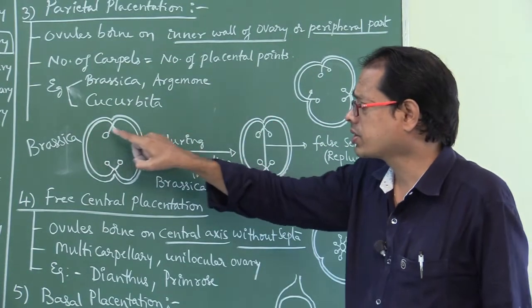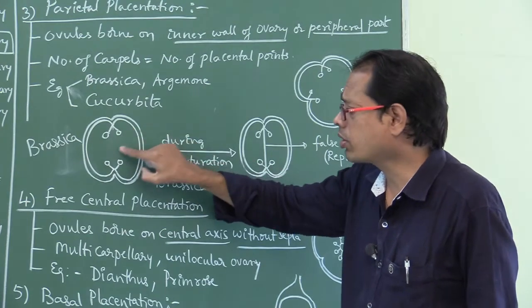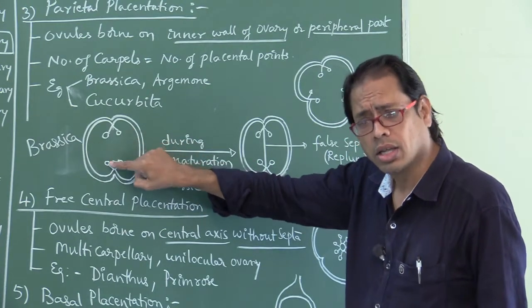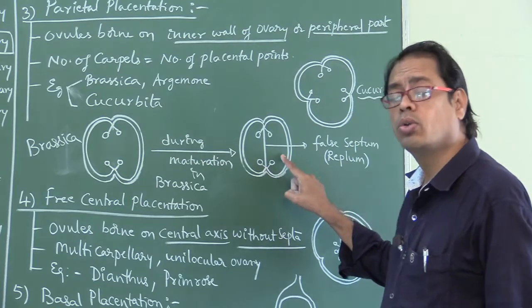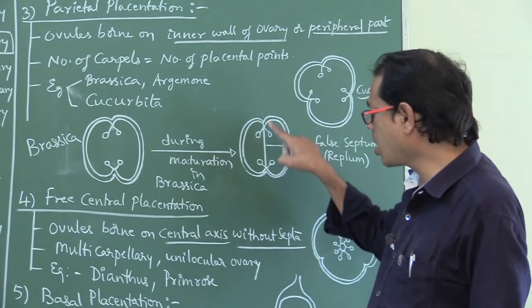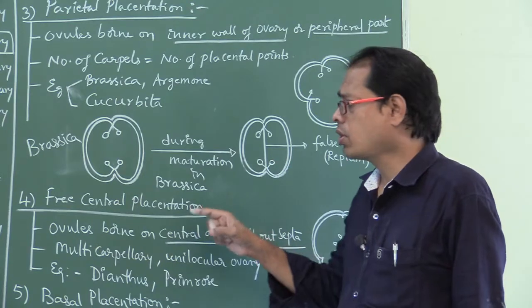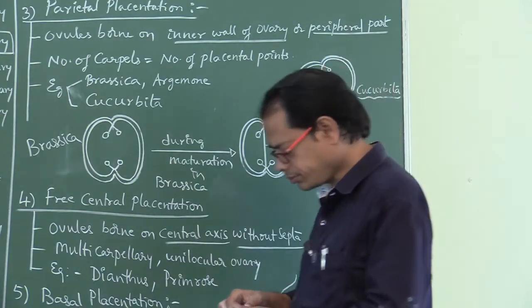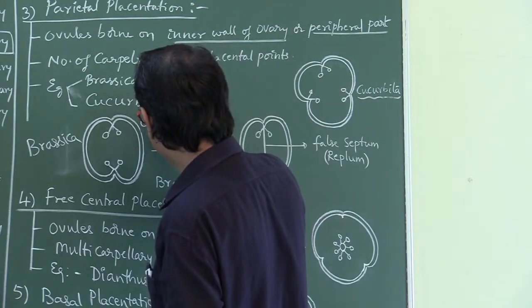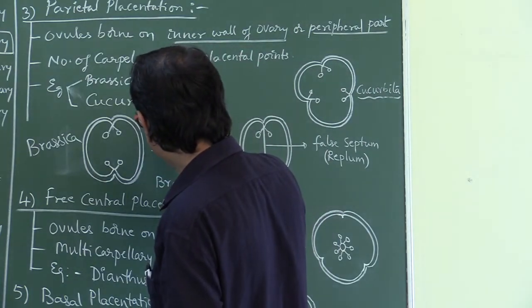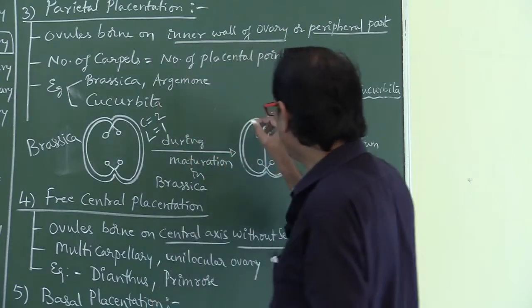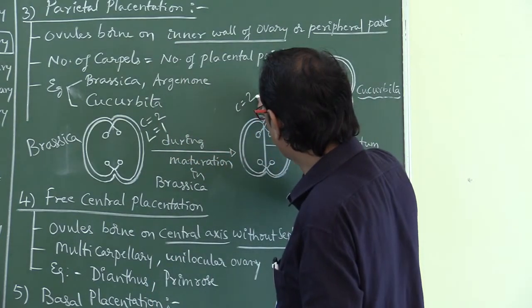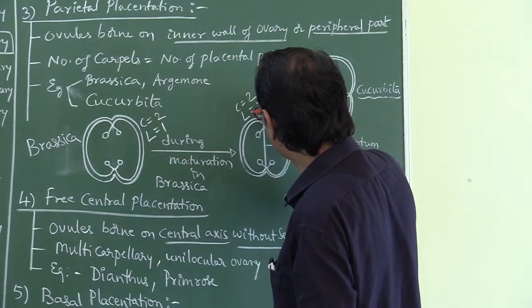Number of carpels 2. Number of locules initially 1. Later it becomes 2 locules due to formation of the false septum. So carpels 2, locules 1. Here carpels 2, locules 2.